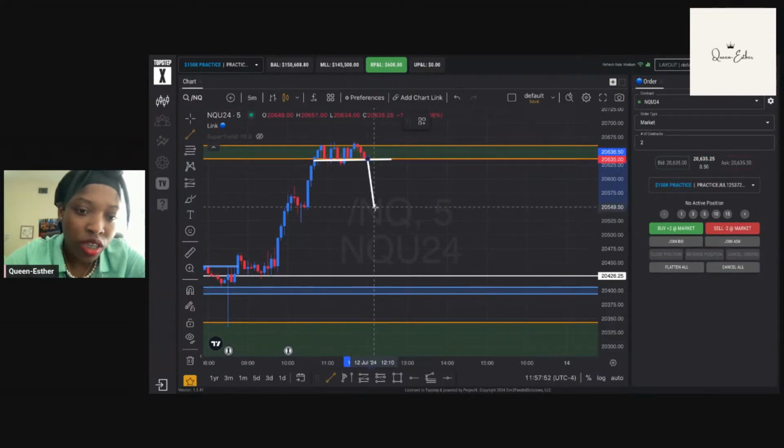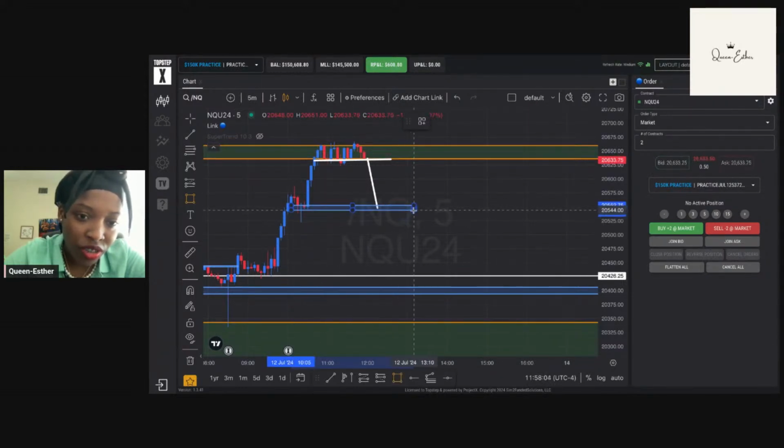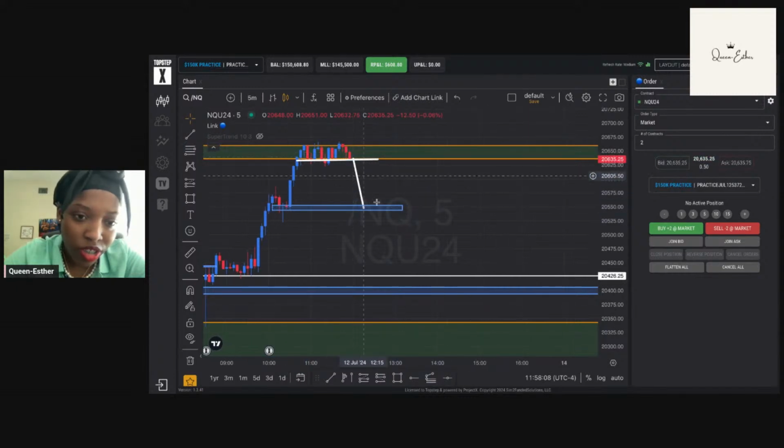If price does continue downward, it will come to this support area. It will come to this support area. I'm literally showing you my thought behind entering a trade, okay? So that's a good entry because price is at this resistance area. And here's a double top forming, literally right here, right?